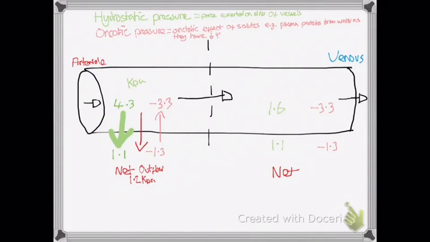Now let's look at the venous end. So here we see 1.6 to 1.1. We've got a much lower hydrostatic pressure. So let's do our hydrostatic pressure arrow. We know it goes out this way. It's much lower. Okay. And our oncotic pressure remains the same.